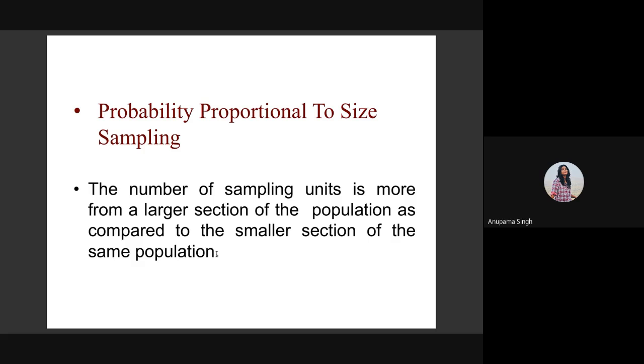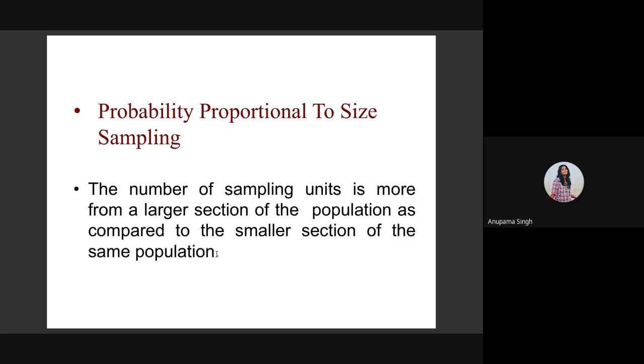In that case, the probability of getting selected is proportional to the size. That means if the geographical area is big or the number of individuals in that area is more, then we'll take a bigger proportion or bigger size of sample from that population.